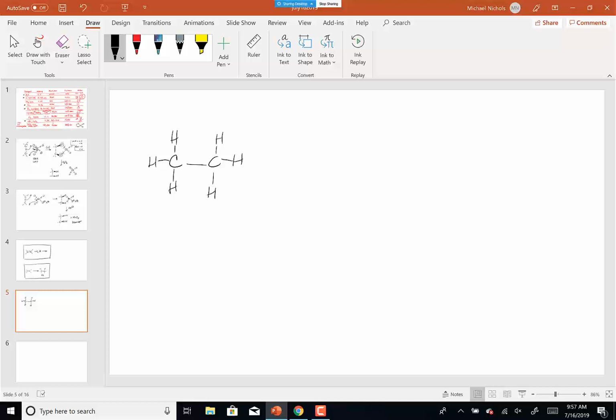Carbon is +2. What is it in this molecule? Well, formal charge is 0. The oxidation number could be 0 too.